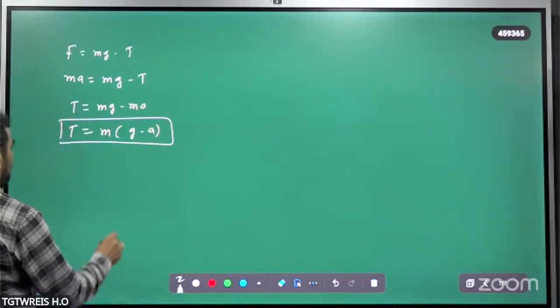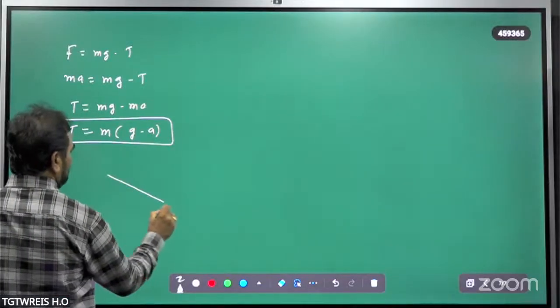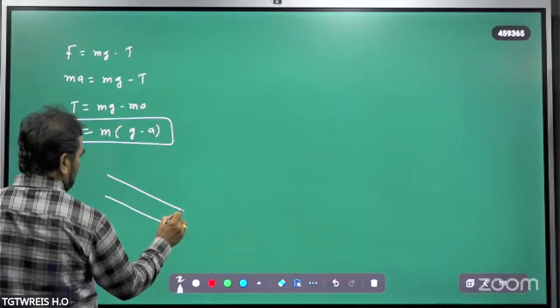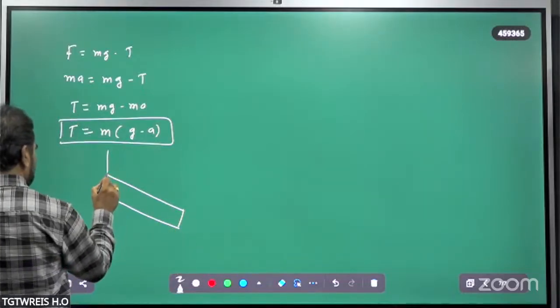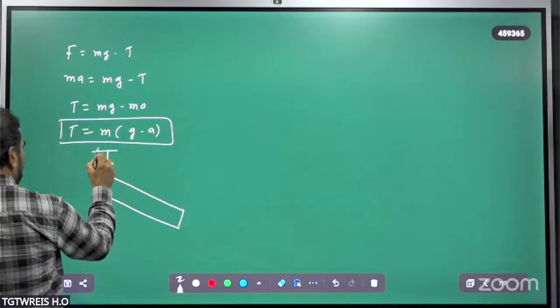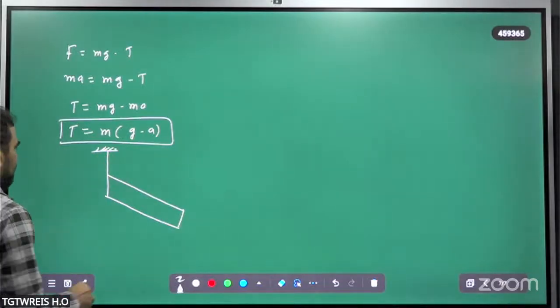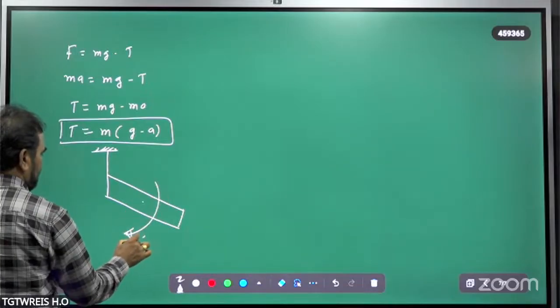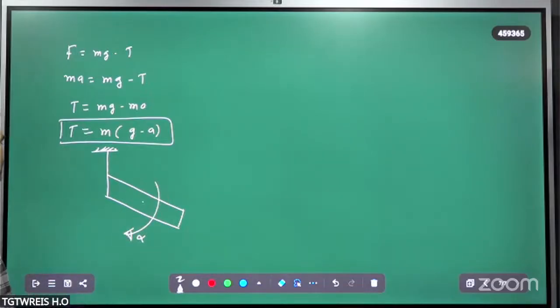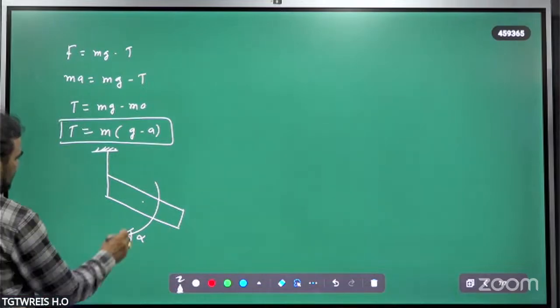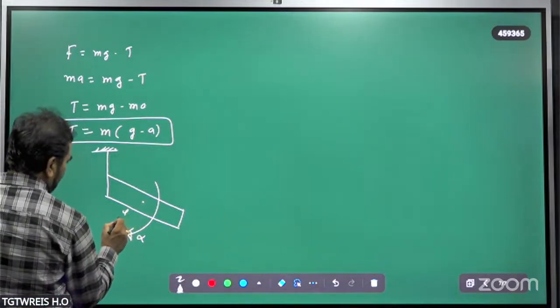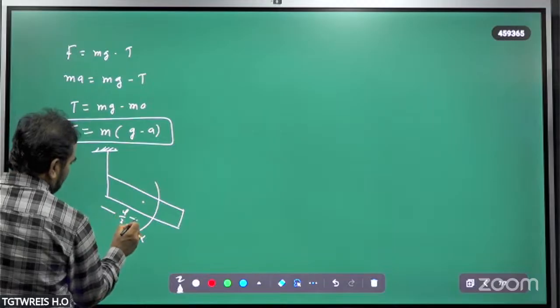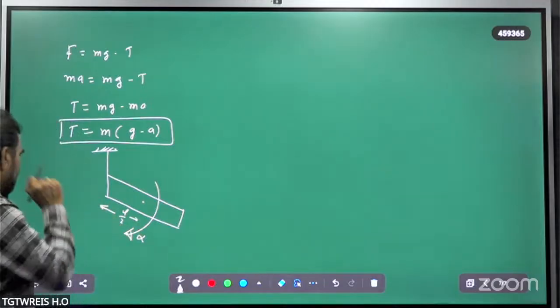But the rod is rotating like this about this fixed point with an angular acceleration, and its center of mass is also accelerating with linear acceleration a. Is it clear? The center of mass lies at a distance of L by 2.